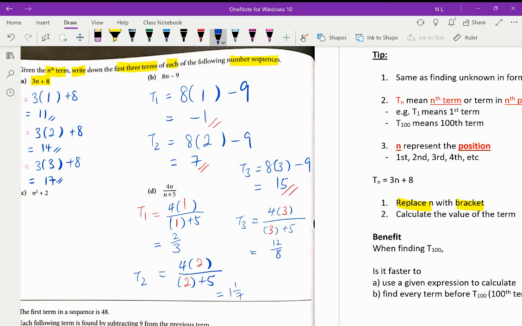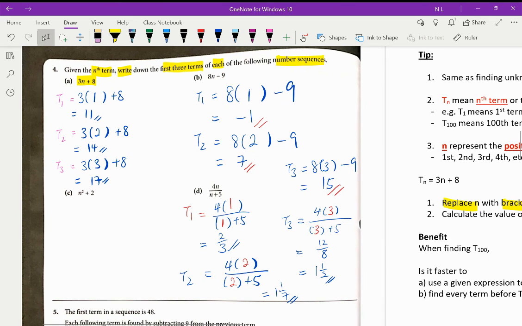Okay, so 12 over 8 is not the simplest form yet. So it'll be 3 over 2, which is 1.5. So these are my first 3 terms for this question.